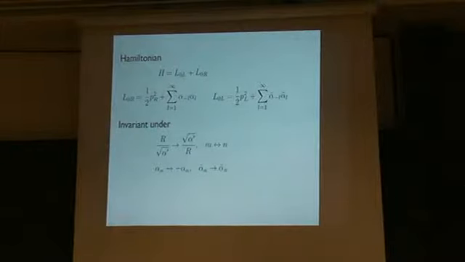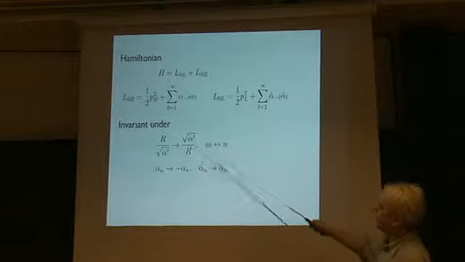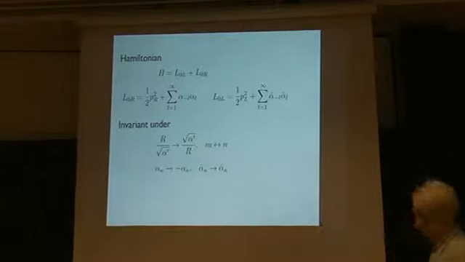And one can see that this Hamiltonian is invariant under the transformation which takes r over alpha prime to alpha prime over r, and swaps m and n.